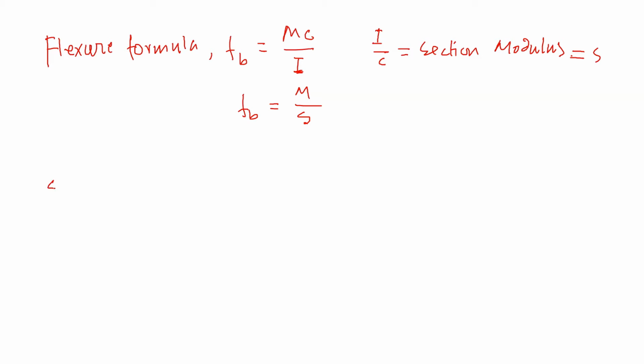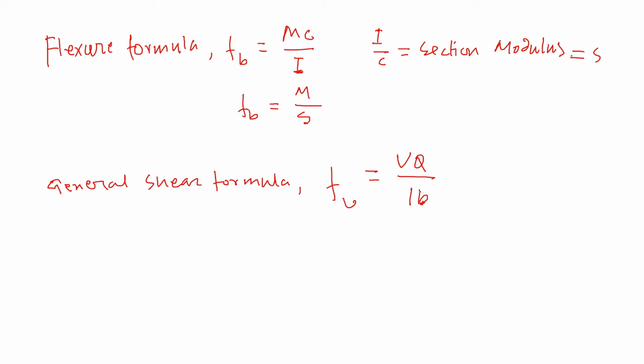Now the general shear formula is used to calculate the vertical shear, FV equal to VQ by IB.